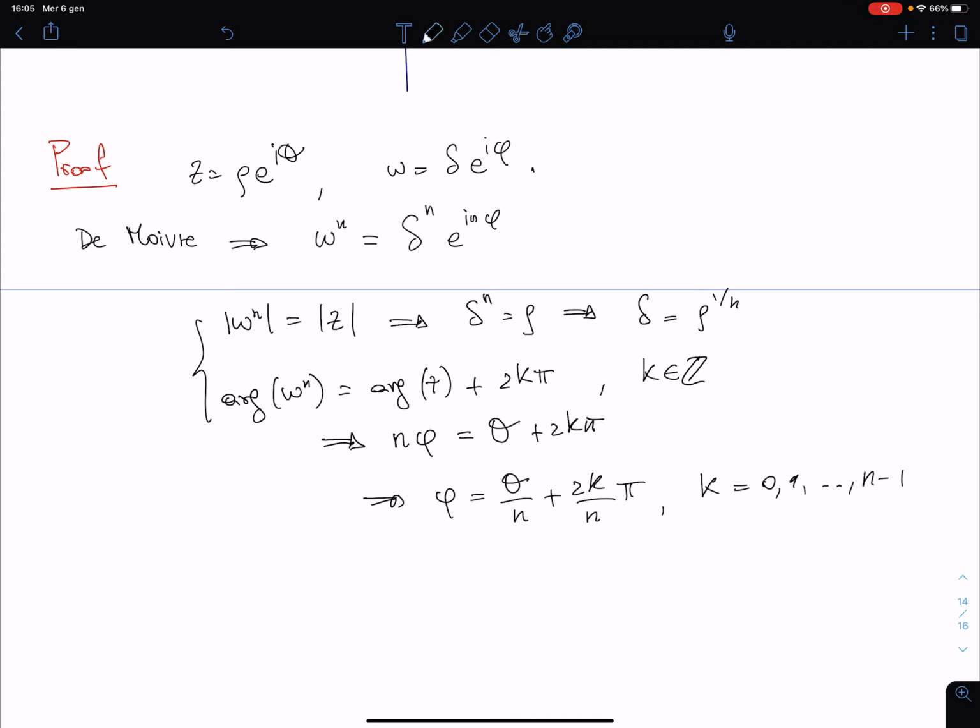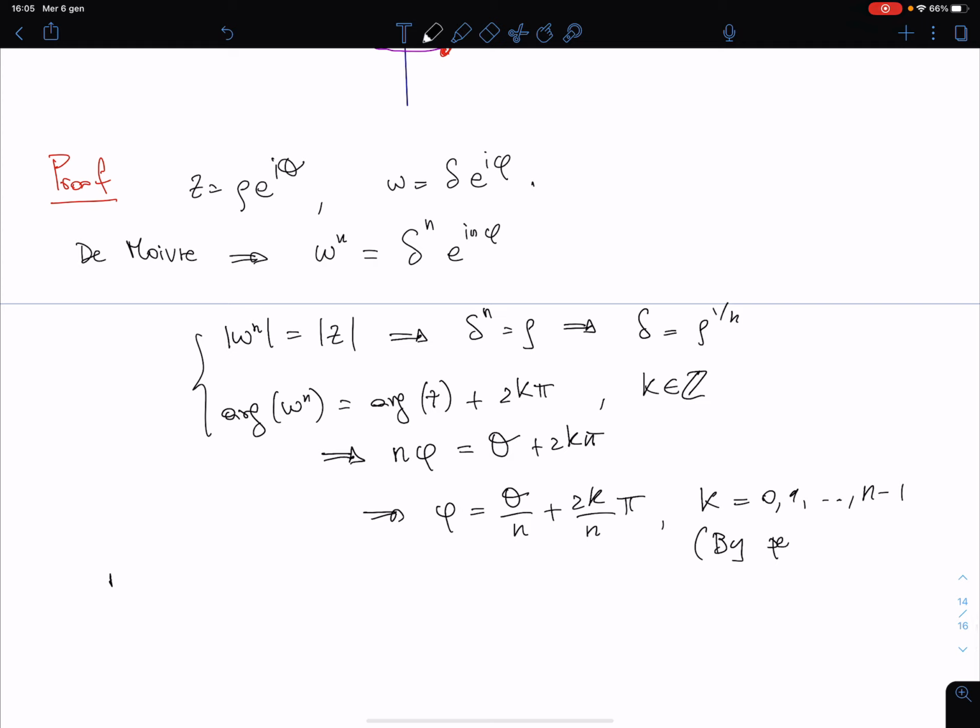So by periodicity, this computation of the k's must stop, by the periodicity of the functions sine and cosine.